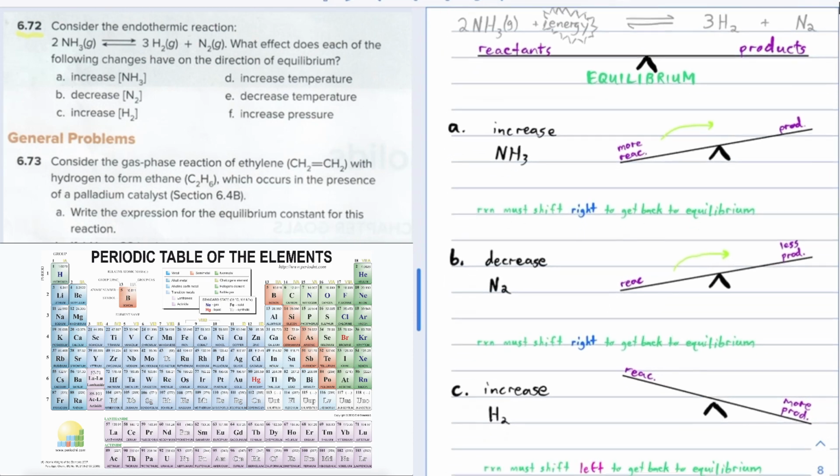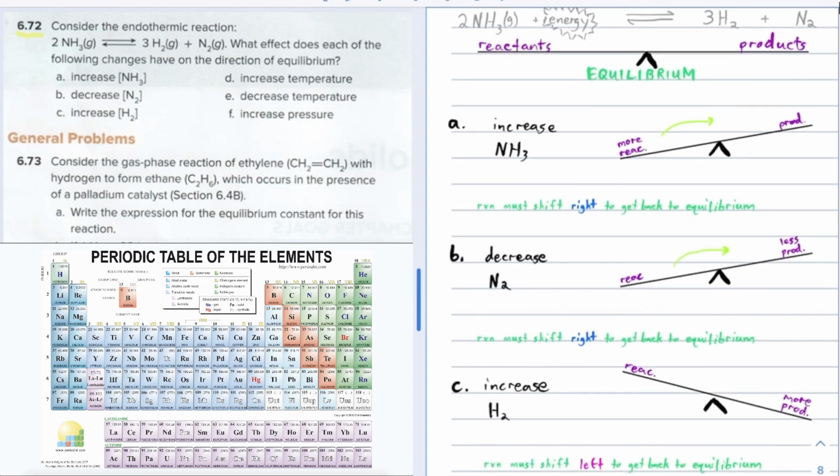The third disturbance, increasing the H2. H2 is one of the products, and if you add some H2, you're putting more product in the reaction mixture, and now you've got too much product. The balance beam is tipping over to the right.